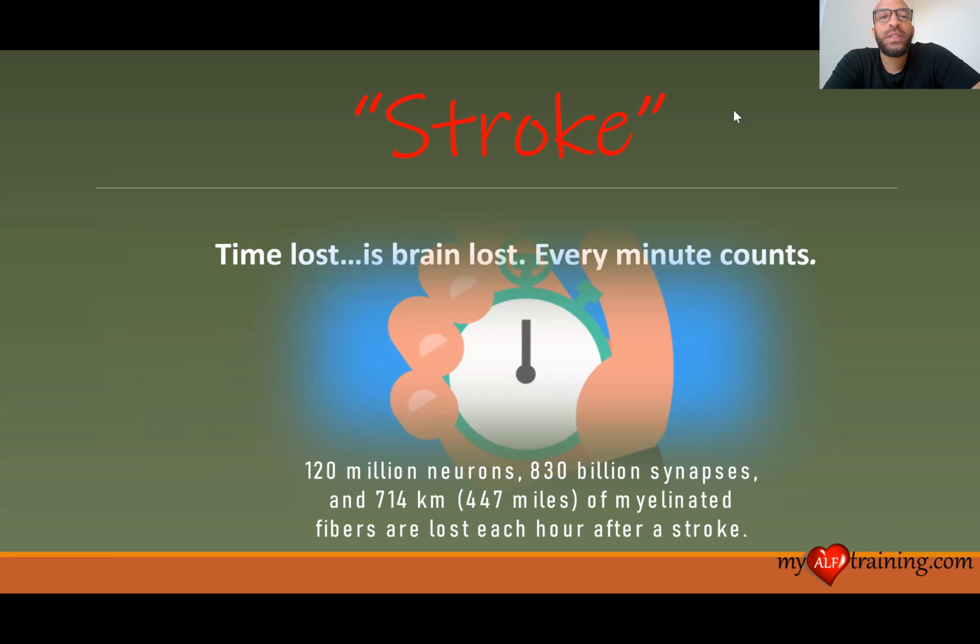So our first slide, I want you to understand why being knowledgeable about stroke, what to do, what it looks like, and how it's treated is of the utmost importance. Well, because time when a patient has a stroke is equivalent to their brain. So as you see here, time lost is brain lost.